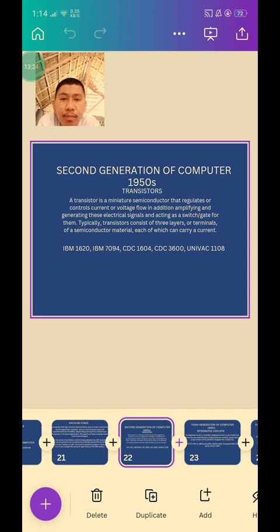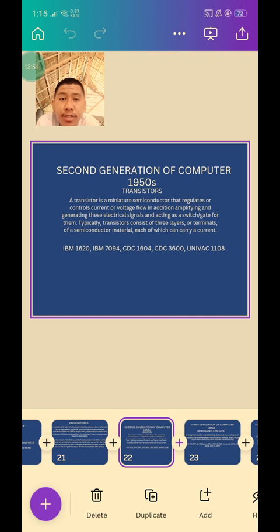Second generation of a computer in the 1950s. A transistor is a miniature semiconductor that regulates or controls current or voltage flow, in addition to amplifying and generating electrical signals and acting as a switch gate for them.